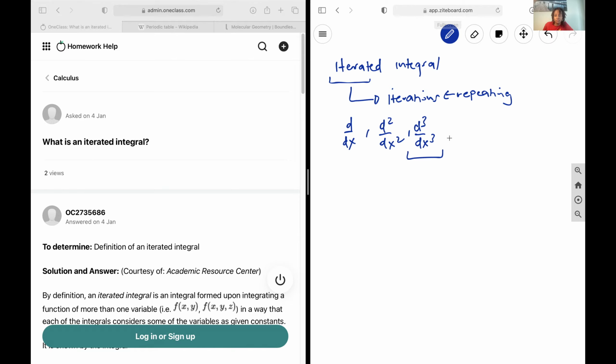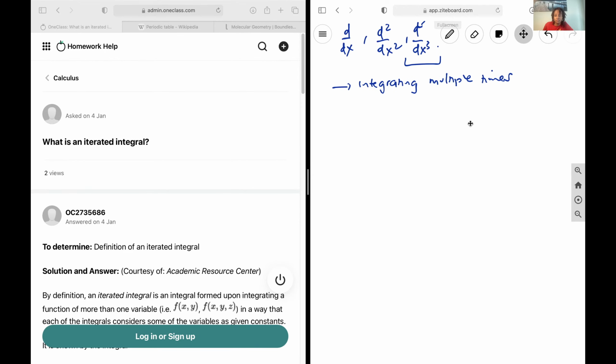And so now that we're talking about integrals, iteration reminds you of doing something multiple times, right? So now that we're talking about integrals, that means that we're going to be integrating multiple times, is what the question basically tells you straight up.